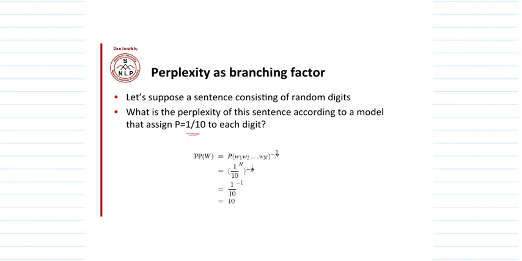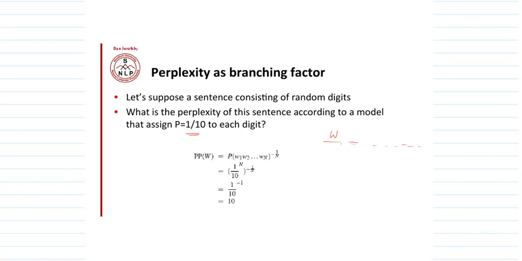But for this assumption, we are assuming that each digit has equal probability. We can assume it as 1 by 10, so 1 by 10 to the power n. We have 10 digits, and if we have a 10 digit number, we have all these 10 digits.